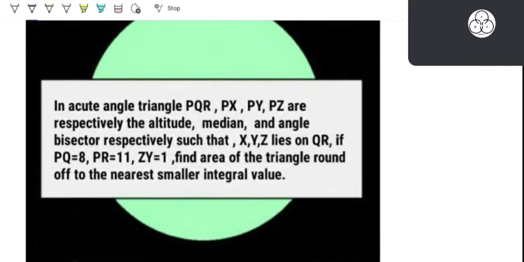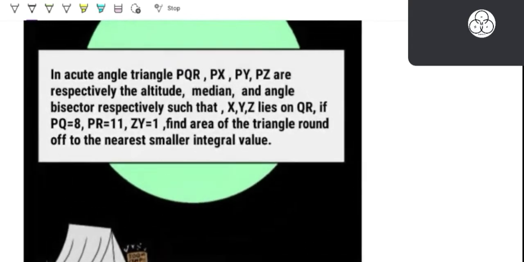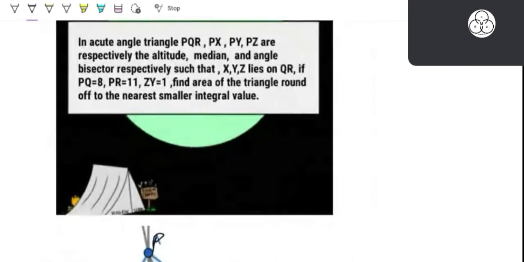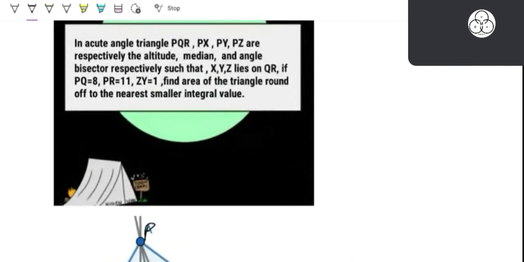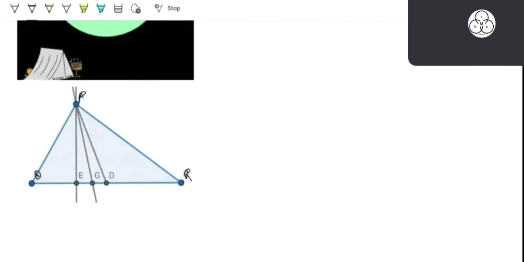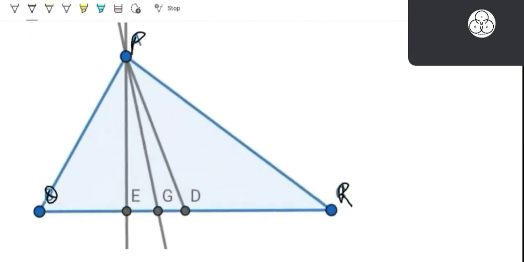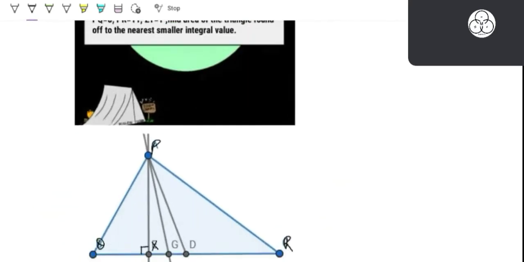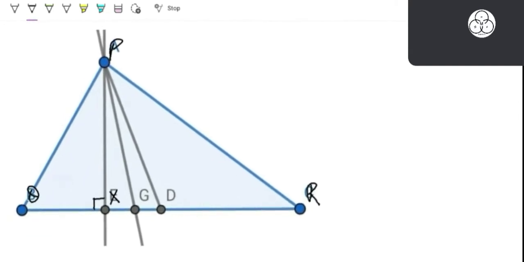Px, Py and Pz are respectively altitude, median and angle bisector, such that X, Y, Z lie on QR. This is the altitude. This is the median.